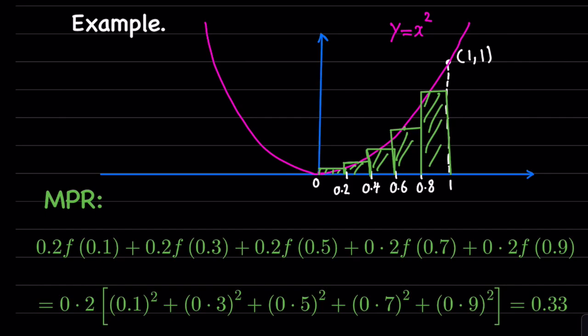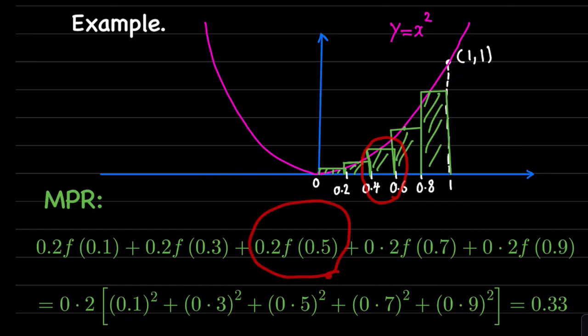So let's look at this third rectangle. This side is going to be 0.2, and the height is the value of the function at the midpoint of 0.4 and 0.6, which is going to be 0.5. The midpoint is 0.5. So the area of this third rectangle that you see here will be given by this formula, because one side is 0.2.